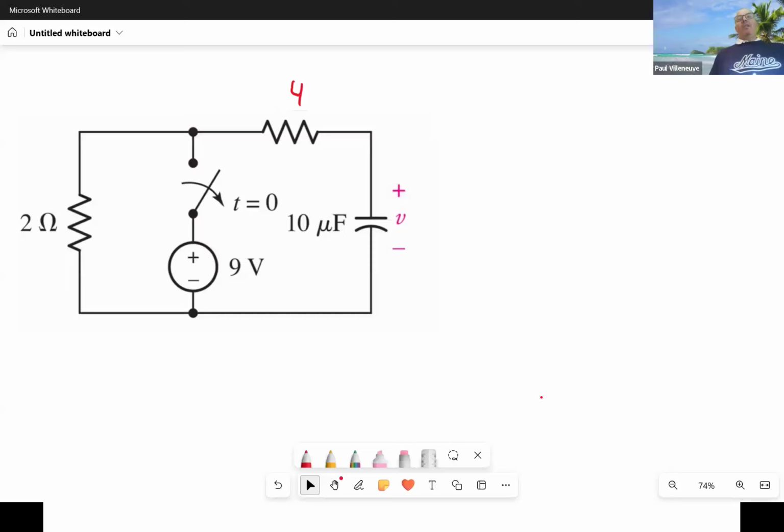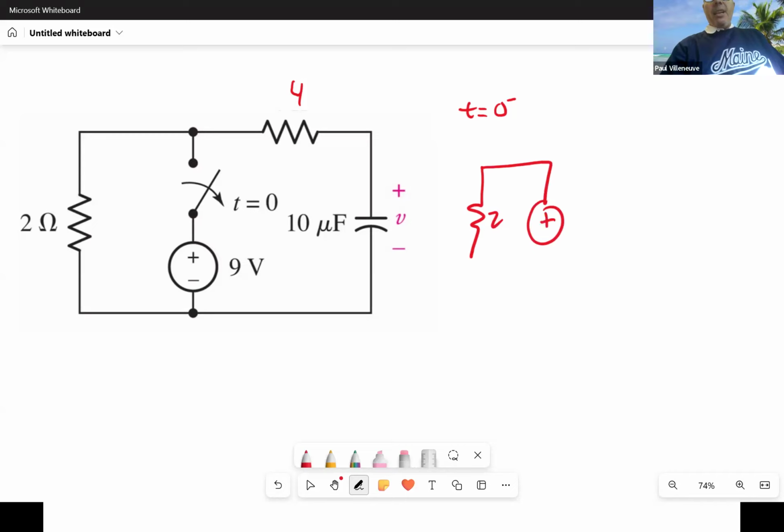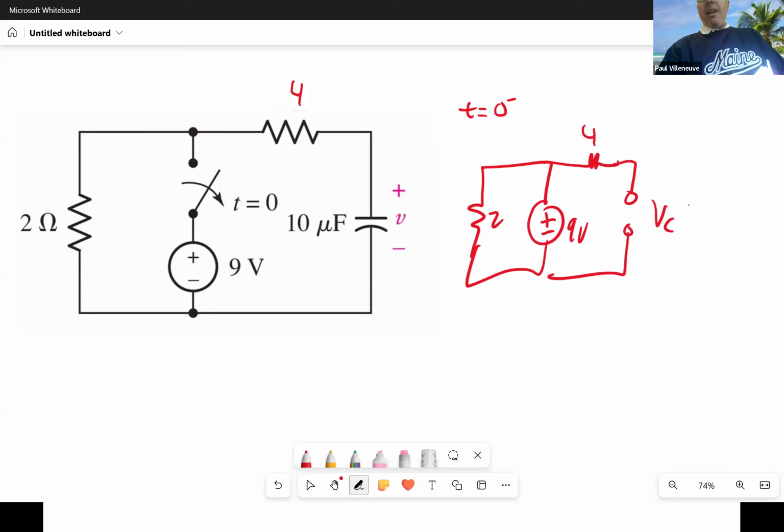What do we know about capacitors in steady state? They can accept no more charge, can they? They're full. How would you represent a capacitor as being full and not being able to accept any more charge? An open circuit. So I'm going to say at t equals 0, just before the switch is transitioned, I've got my 2 ohm, I've got my 9 volt, I've got my 4 ohm, and I've got my open circuit.